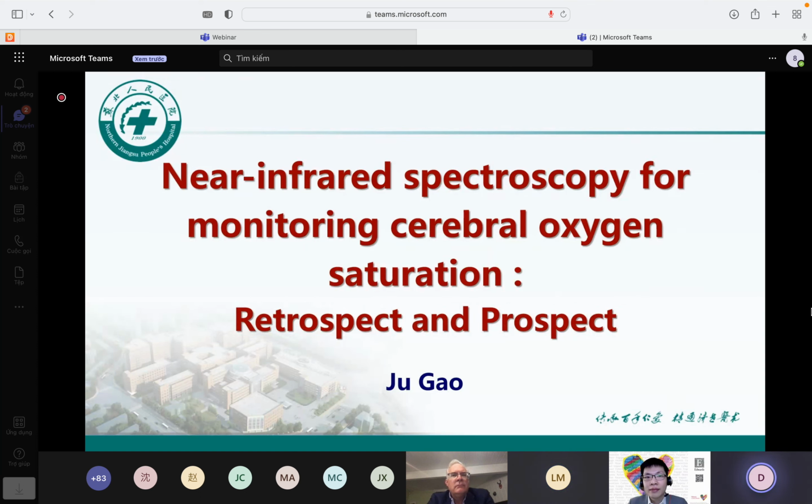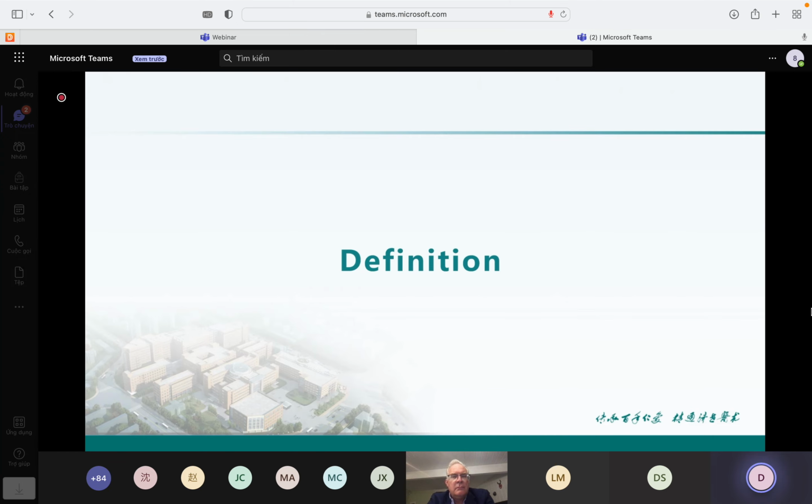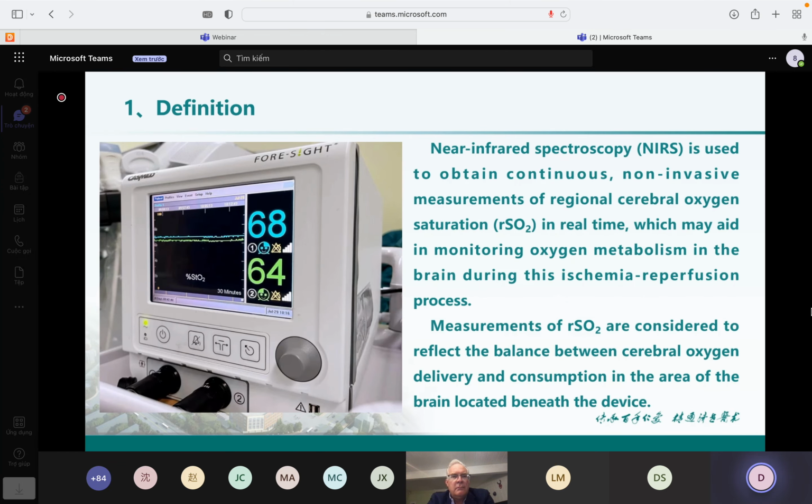My title is Near Infrared Spectroscopy for Monitoring Cerebral Oxygen Saturation. First, the definition.